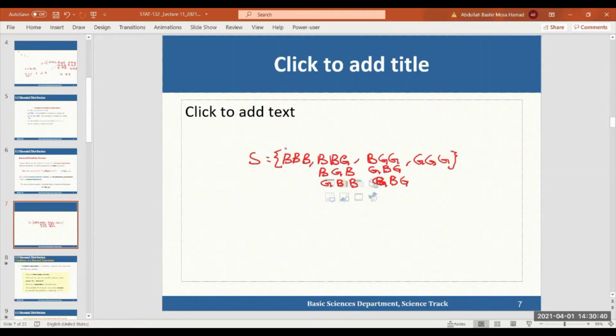How many outcomes do we have? 8. Why 8? 2 power 3, because for each trial we have 2 outcomes, boy or girl.